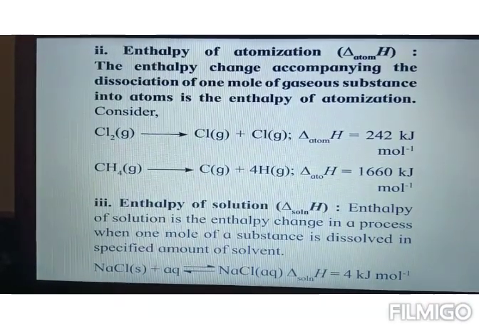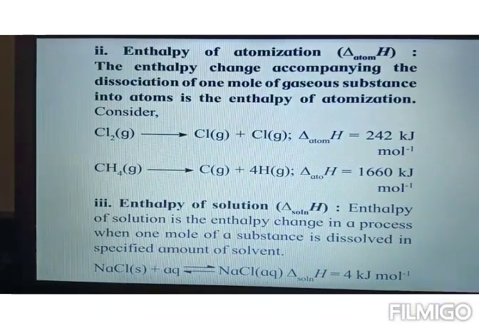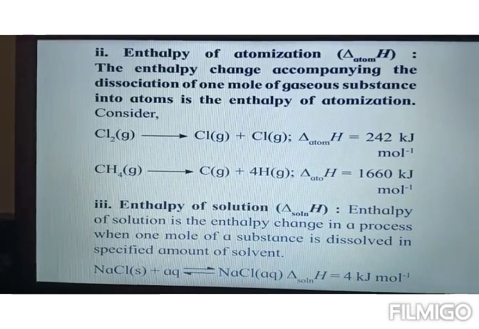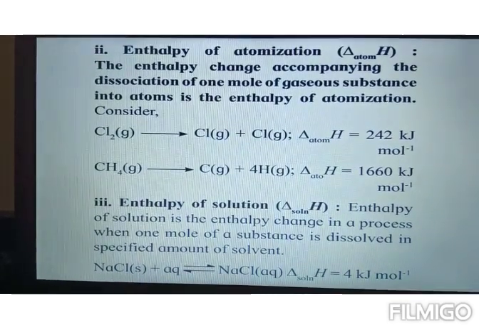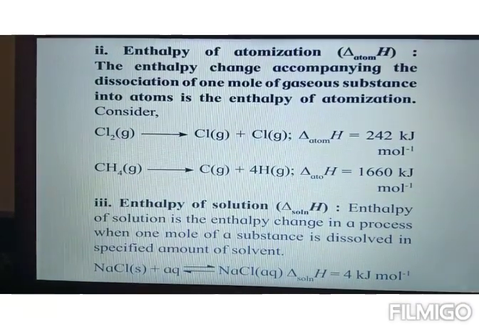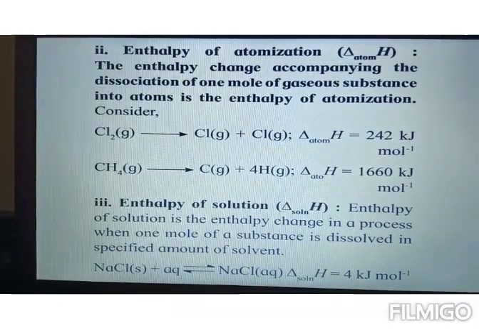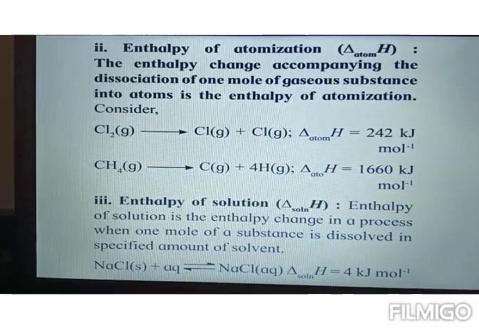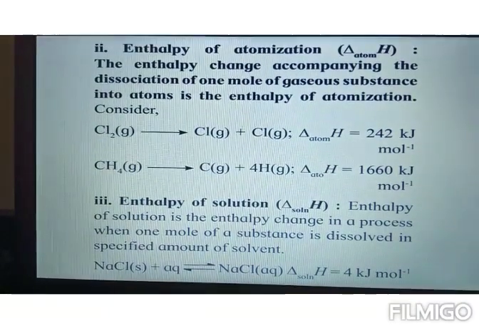When we dissolve a solute in a solvent, that is known as solution formation. Here we have the example of formation of NaCl aqueous solution, that is sodium chloride or common salt dissolved in water, which gives NaCl aqueous, and delta H solution is 4 kilojoule per mole.